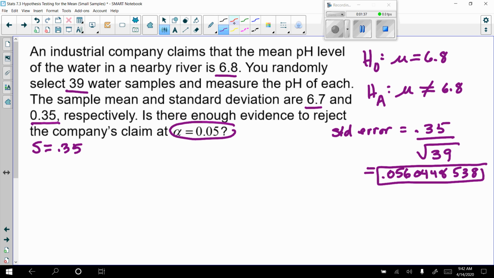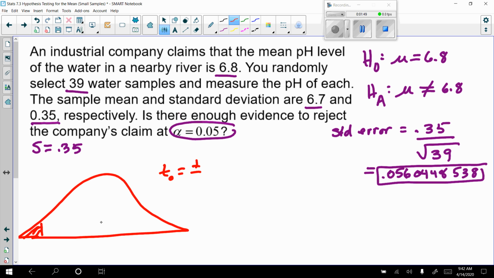That's our standard error. From there, we're going to find our t-score, which is going to be a plus or minus t-score because this is a two-tailed test because it's not equals. This is going to be 1/2 of alpha and 1/2 of alpha.